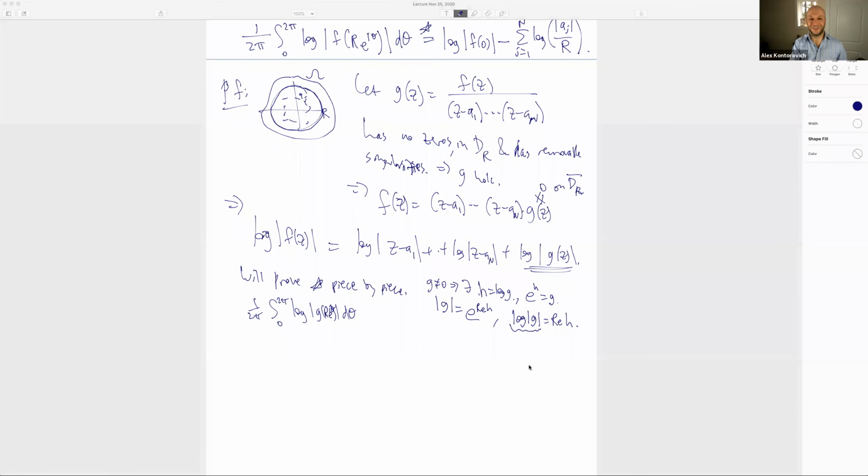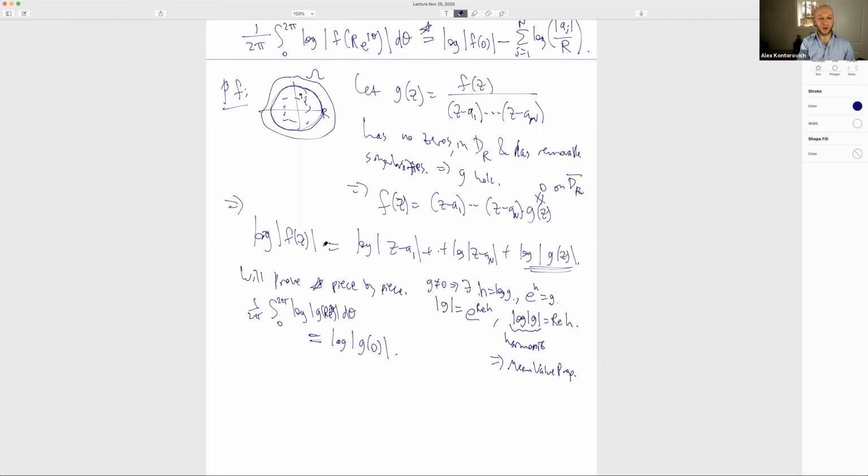They are harmonic. And for harmonic functions, we have the mean value property, and hence this comes out exactly to log of g of 0.